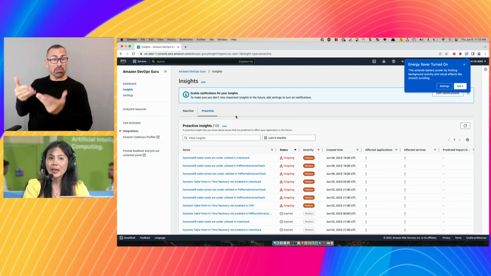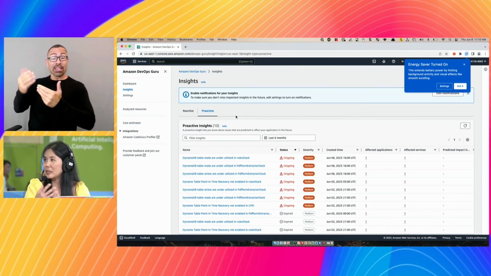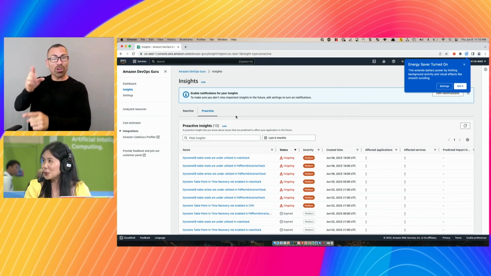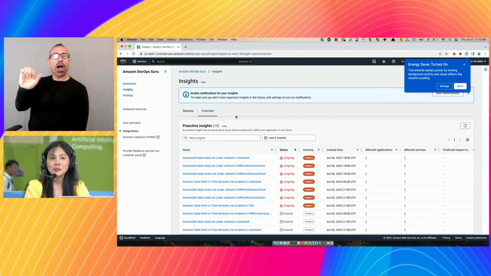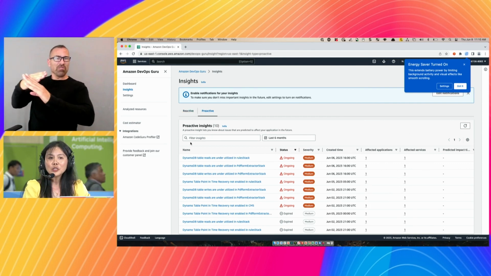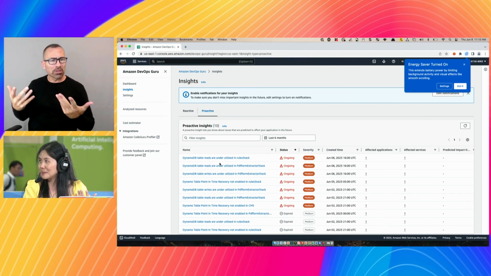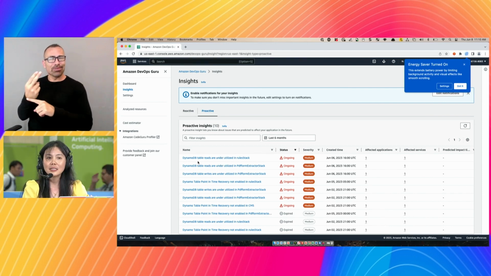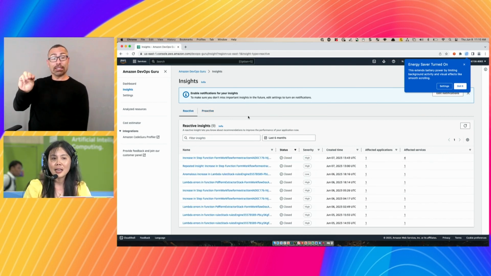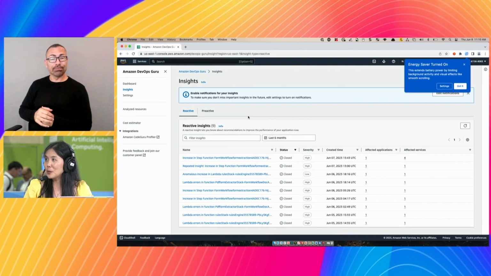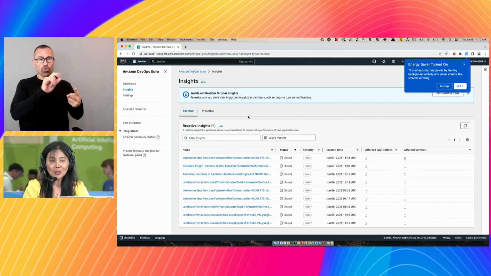That is proactive: if you do it now, it will prevent a problem that could happen in the future. Those are things such as underutilization of some services, like this DynamoDB. The reactive insight is something that is happening now, and you have to respond to it now.